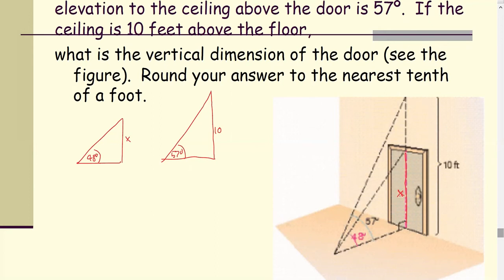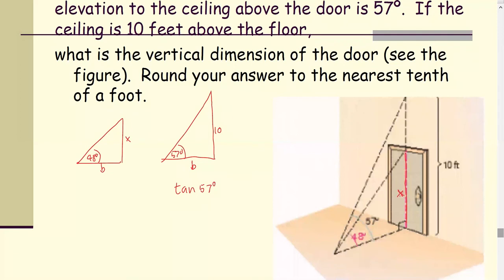So first of all, we are going to find their common base. Let it be the letter B as the base. To find B, we are going to use the larger triangle. Since we know the opposite and adjacent, we use the tangent function.